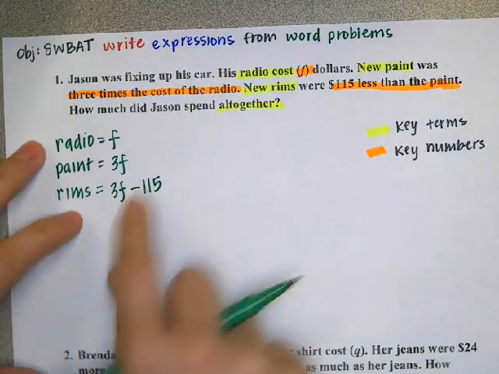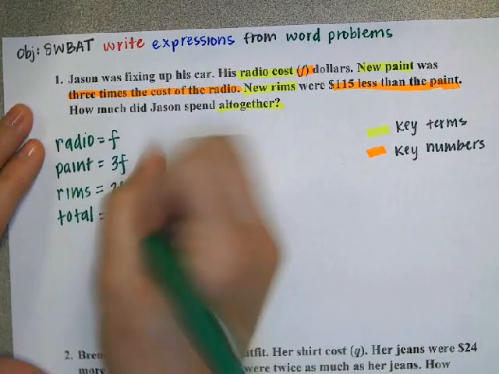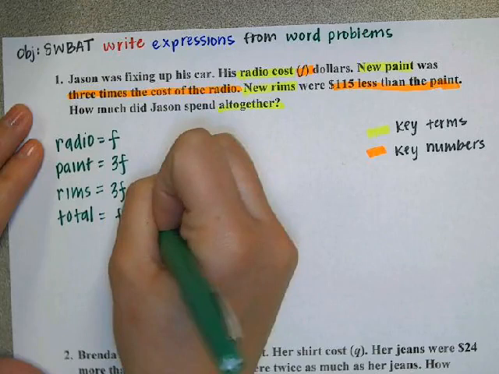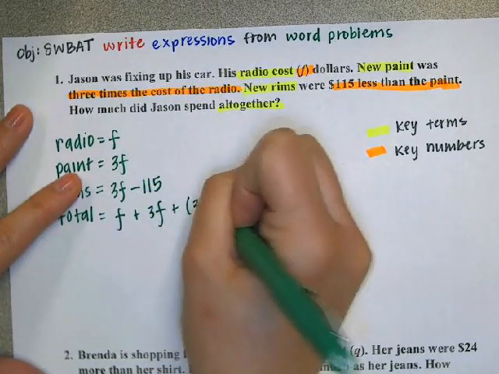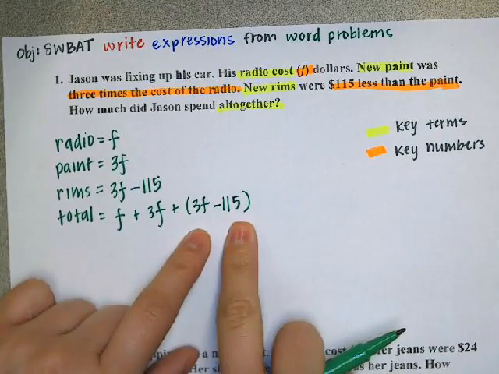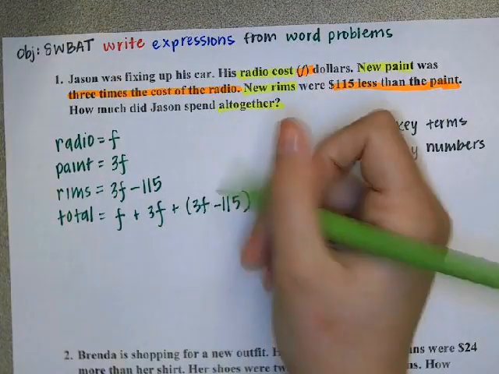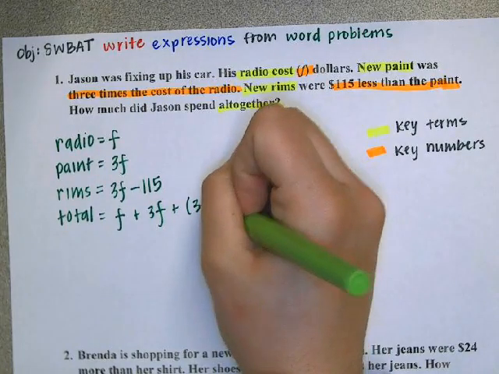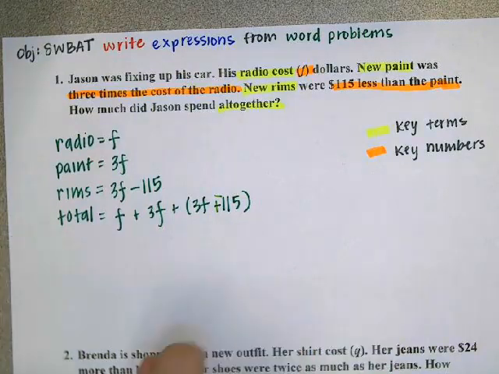Now I just want all together. So total is just adding all of them together. So F plus 3F plus 3F minus 115. So really I could just get rid of this by using keep change, and I'm going to do that here. So just gonna keep 3F, change the subtraction to addition, and change 115 to its opposite, which is negative 115.